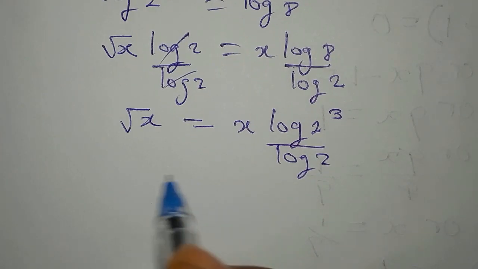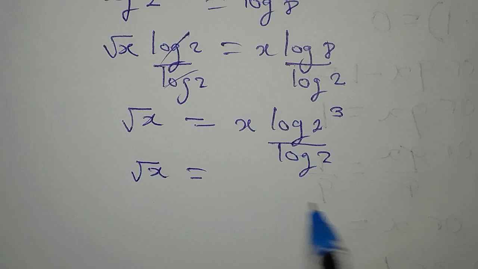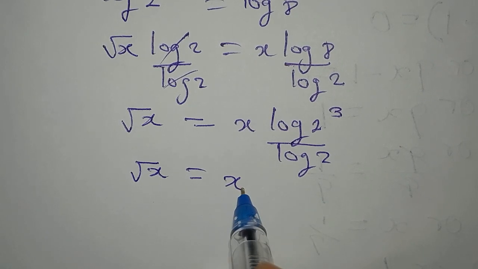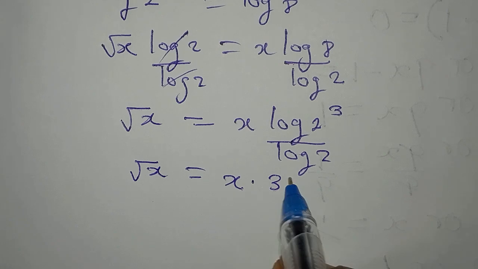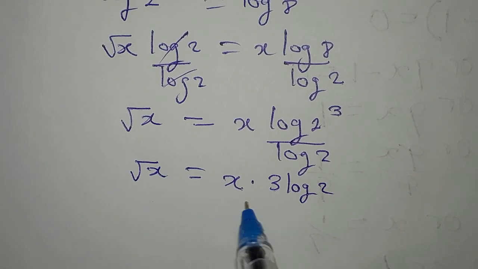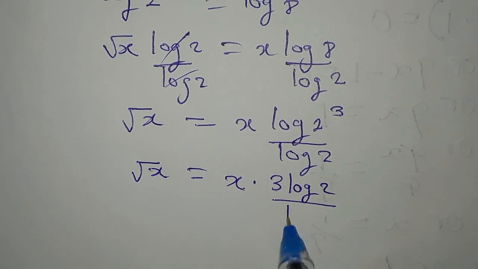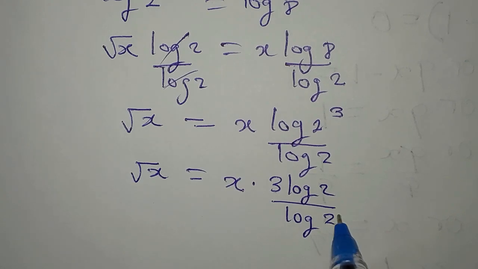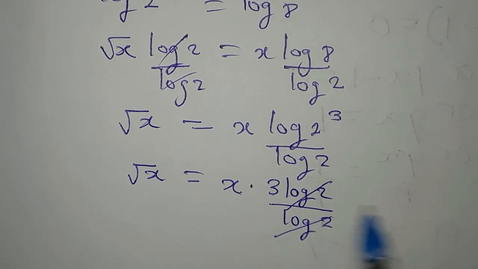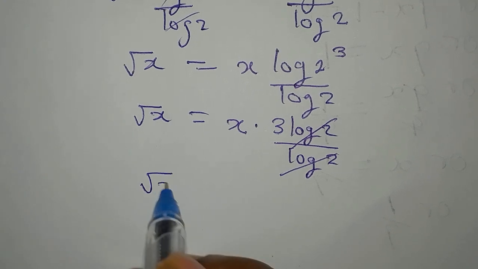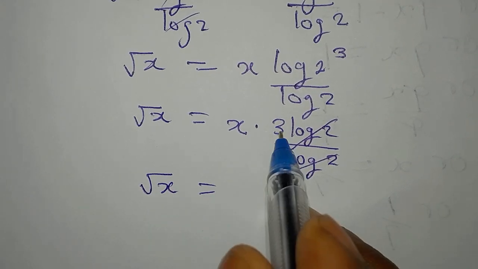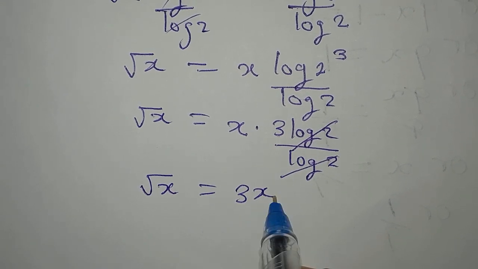Okay, if we continue, square root of x will be equal to x. Then this 3 here comes back, so we multiply by 3 log 2, and everything is over log 2, right? Now log 2 can cancel log 2, and then if you go ahead, we have square root of x to be equal to 3 times x, and that is 3x.